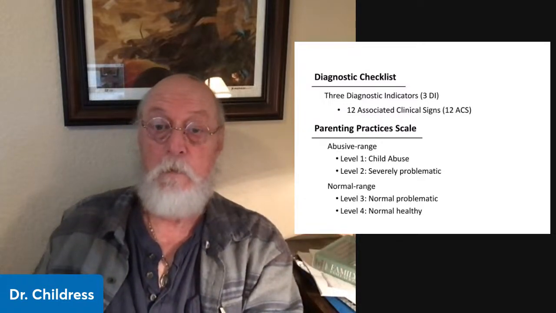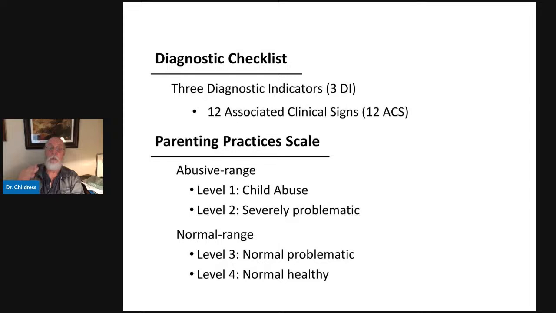Now, the other feature about this is the parenting practices rating scale. So there's 2 aspects of the assessment protocol. This is to document whether the targeted parent is abusive range or normal range. It's focused on the targeted parent because we're taking a look at that aspect of the diagnosis.